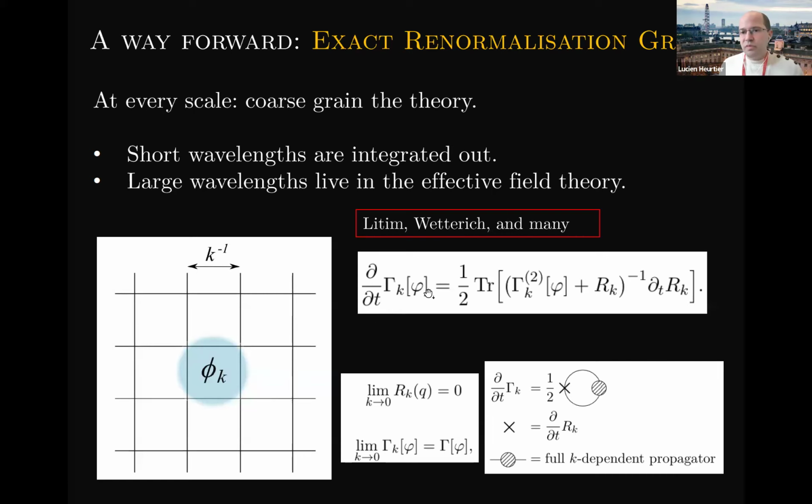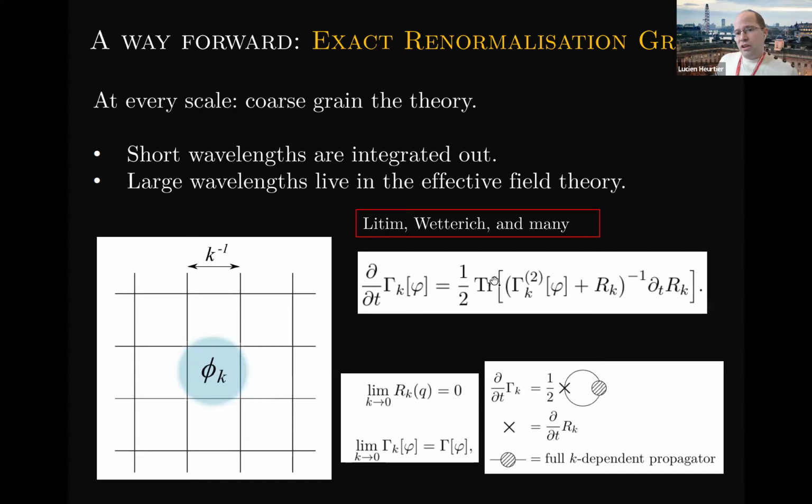So this is nice because then you can start with your classical potential at large values of k, and then run down your flow equation to obtain how your effective potential evolves from the classical limit to the full quantum effective action.